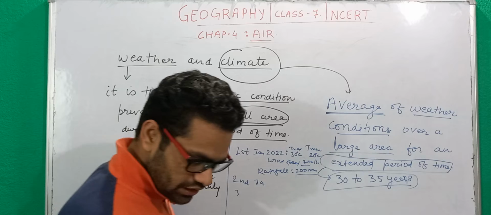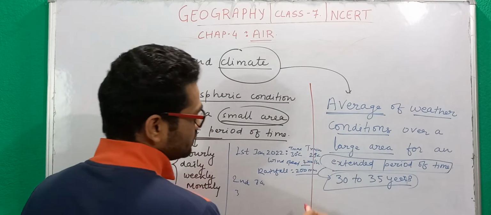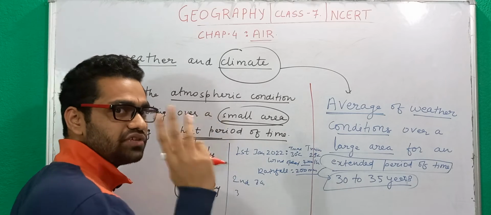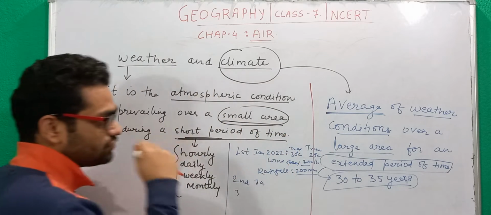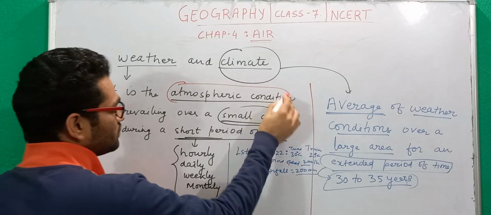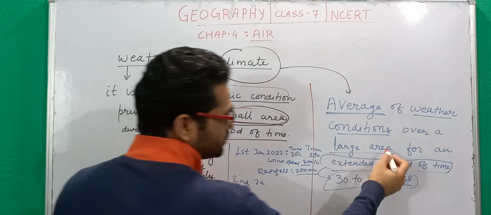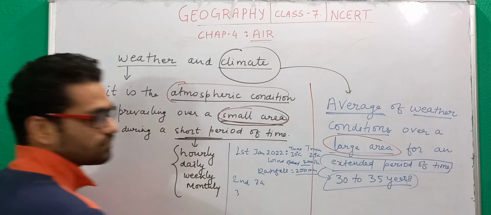So if someone asks you what will be the difference between the weather and the climate, just three things you need to remember. First, weather is the atmospheric condition for a small area, but climate is of a large area.